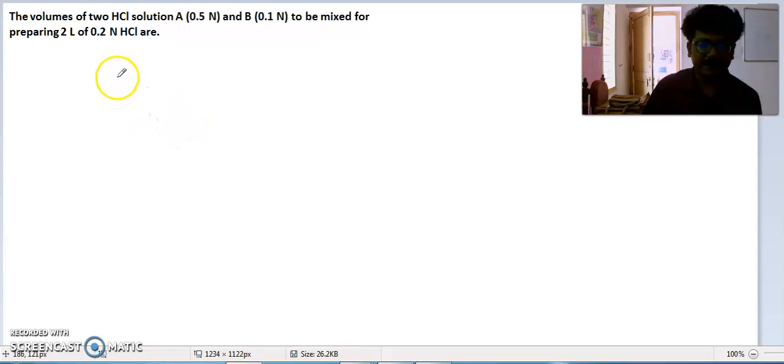The first solution is 0.5 normal, and it is mixed with 0.1 normal of another HCl solution. This is an HCl solution, and this is also an HCl solution.